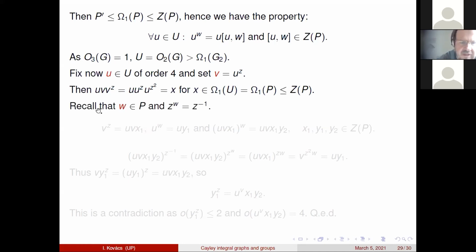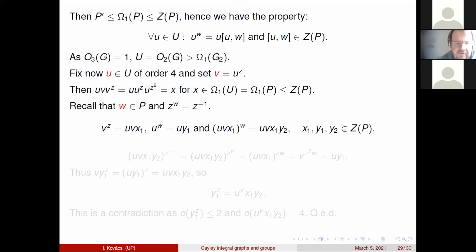And also recall that we already found some W from the Sylow 2 subgroup, which inverts Z. So we have this W, we have this V, and we have W, U, and V. And now we can start playing with these elements.